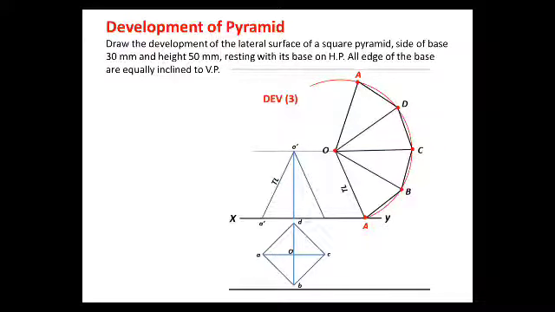So in last lecture we have seen development of cylinder. We know that to develop any part, we have to cut it from one point and then open it clockwise. Whatever the shape you will get, that is nothing but the development.